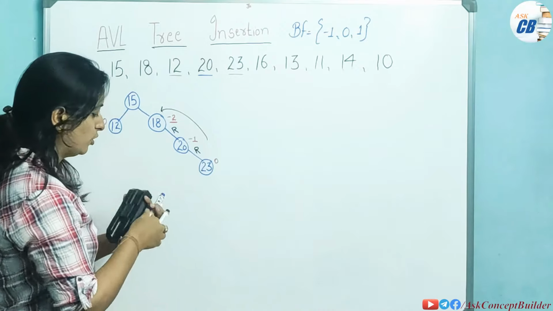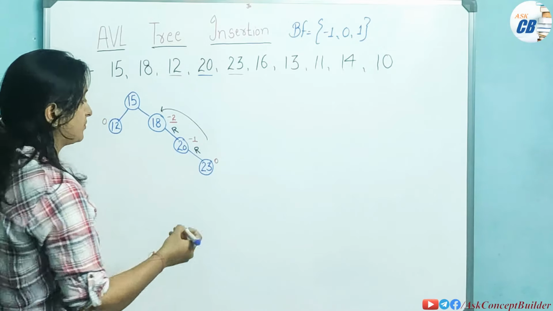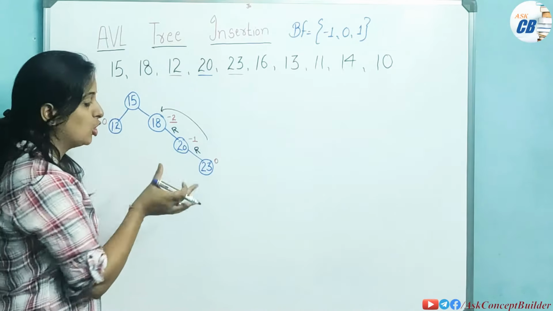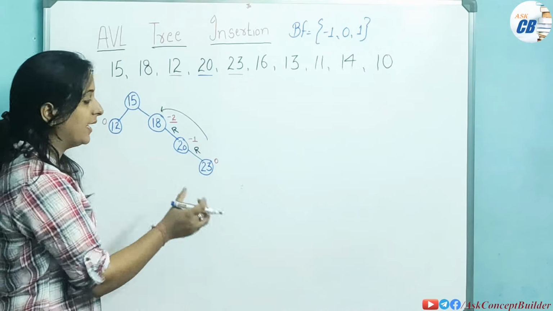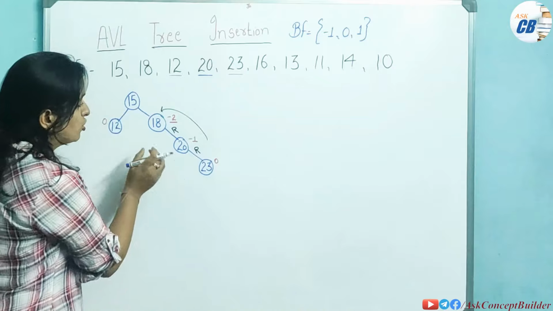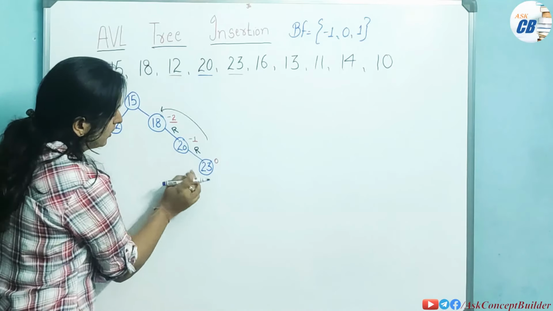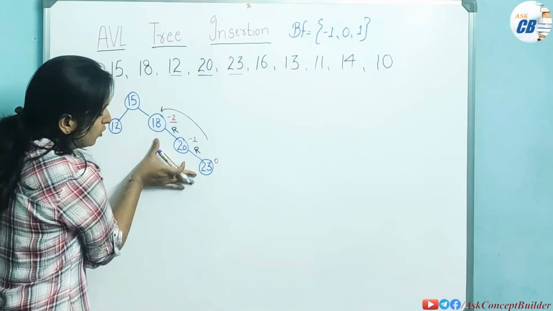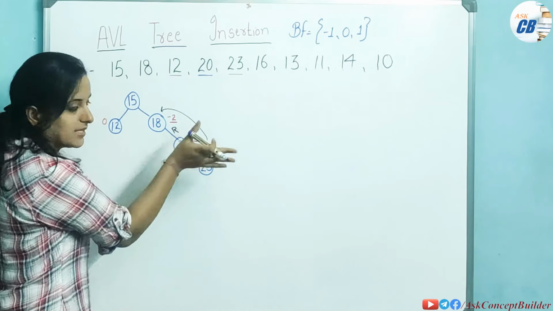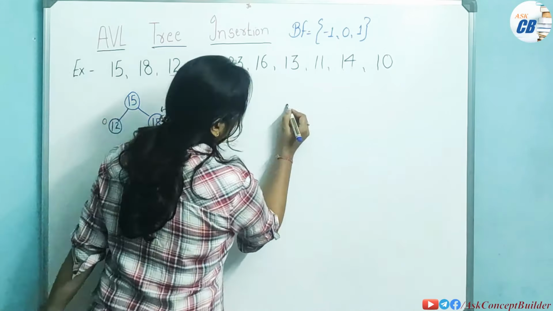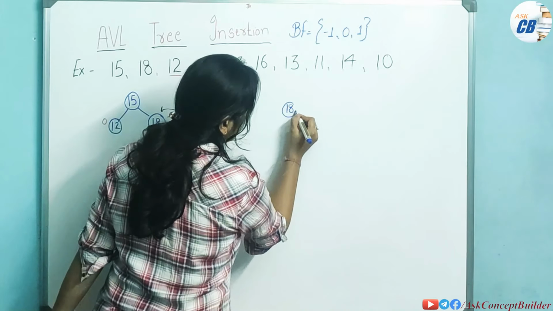So in any problem, whatever the nodes are there, you will take them as a separate node, then perform rotation on it, and then you will stick it back on your tree. We have the problem in these three nodes, and this was an RR problem, so we will take this aside, perform a rotation on it, and then stick it back here.